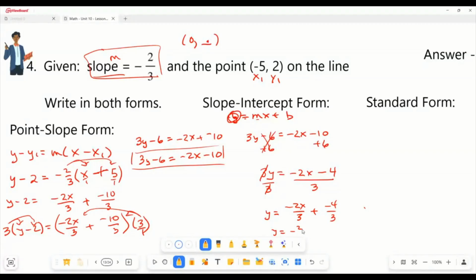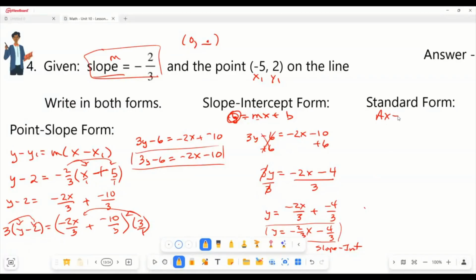This is negative 2/3 times x, just pulling the x out to the side of the fraction. This is minus 4/3. There is slope intercept. Y equals mx plus b.